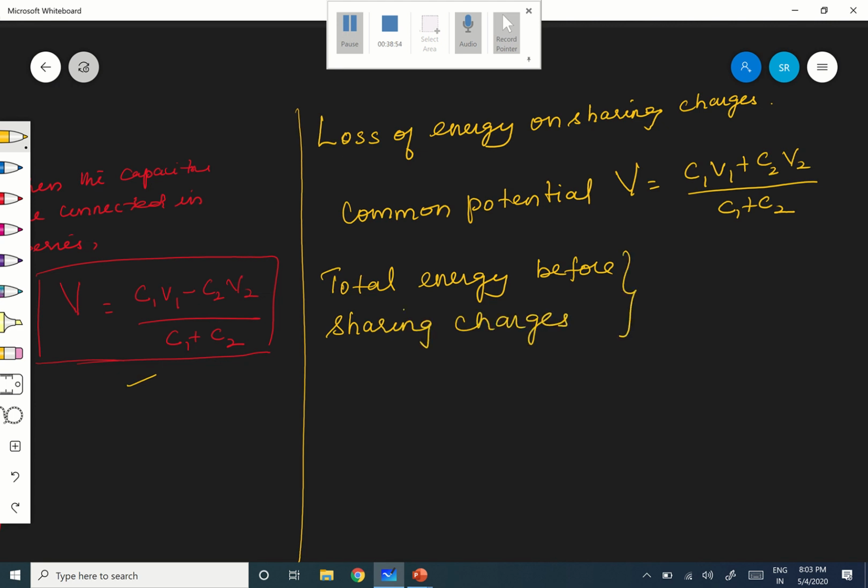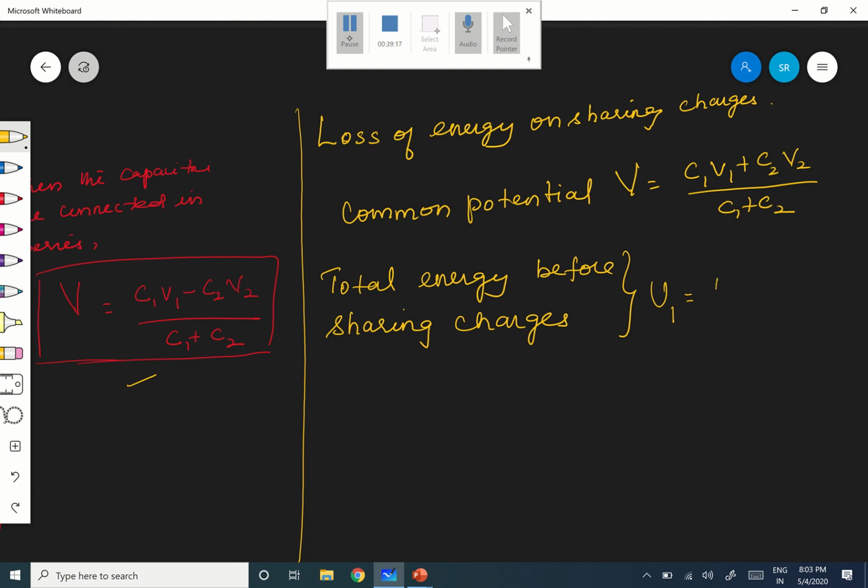Before connecting, once they are connected, there will be sharing of charge, because charge will flow from higher to lower potential. But before connecting, there won't be. That is why it is before sharing the charges. Let it be U1. You tell me what that is.